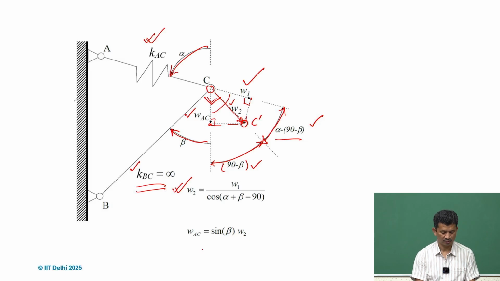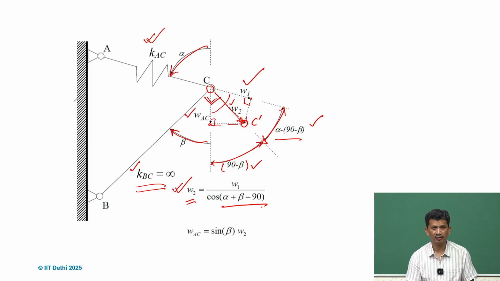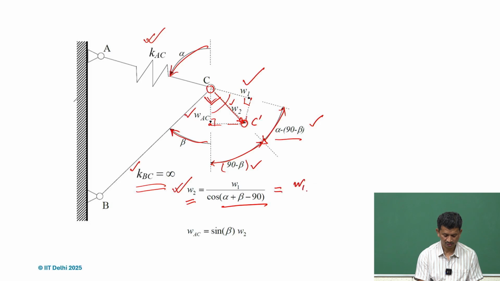Therefore, W2 will be W1 cos of alpha minus beta minus 90 degrees, and this we can write as W1 over sin alpha plus beta.